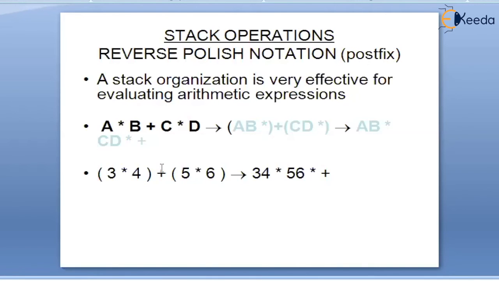So in the postfix notation, that is reverse Polish notation, I will write 3, 4, and star, that is 3 into 4, followed by 5, 6, followed by star, that is 5 into 6. And plus, what does it mean? 3 into 4 plus 5 into 6. This is how reverse Polish notation is going to work.